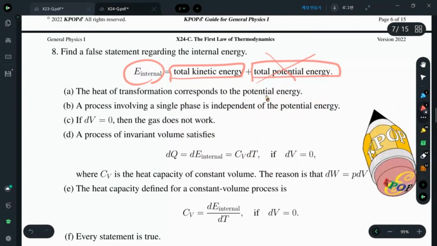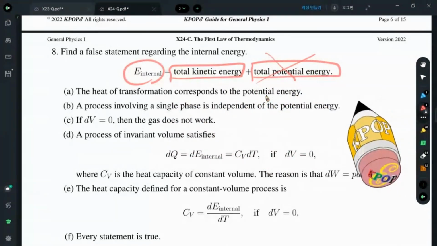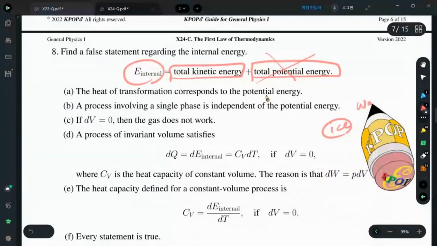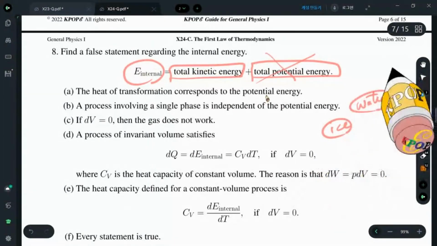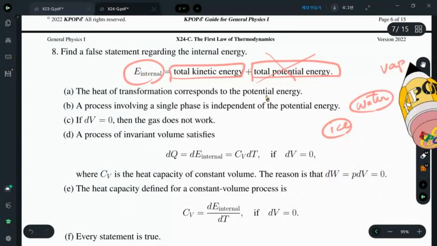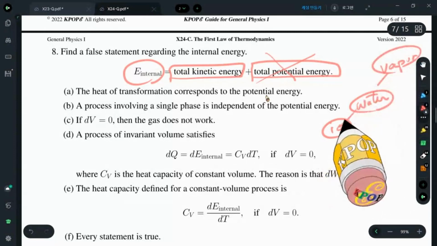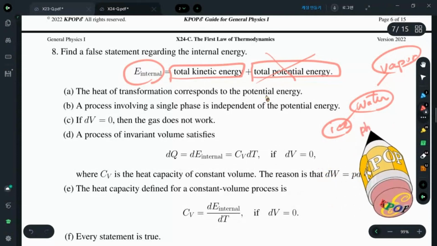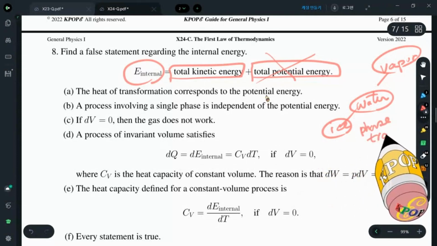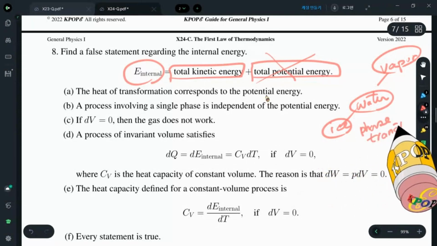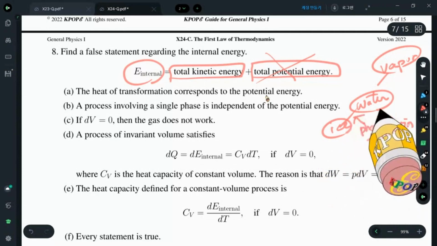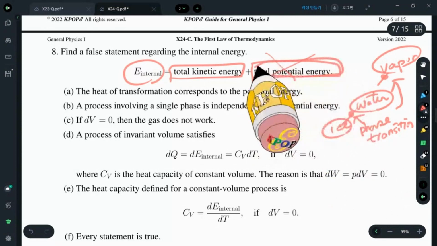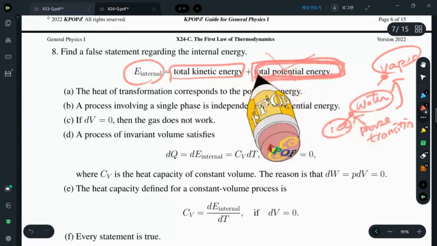But if a matter changes its shape from ice, to water, and to vapor, when they make a transformation, a phase transition, during this period potential energy does matter.